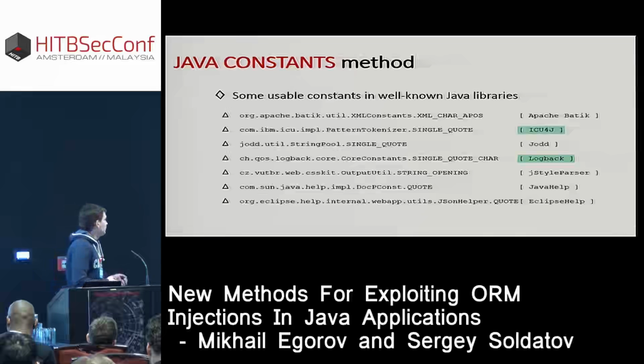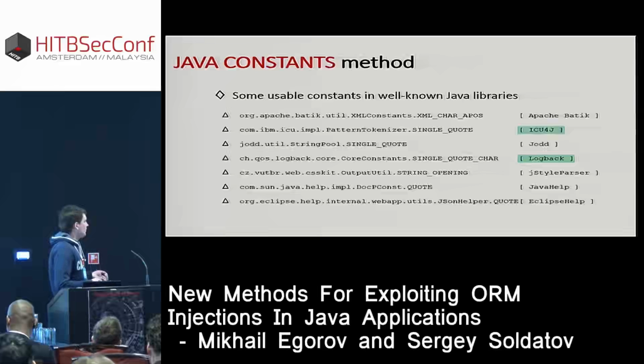We searched through Java libraries to find suitable fields for exploitation. And we found 2 very popular libraries. They are ICU4J and Logback. These libraries have classes with public static fields that are suitable for exploitation, with names SINGLE_QUOTE and SINGLE_QUOTE_CHAR.